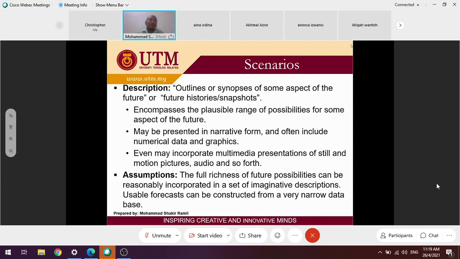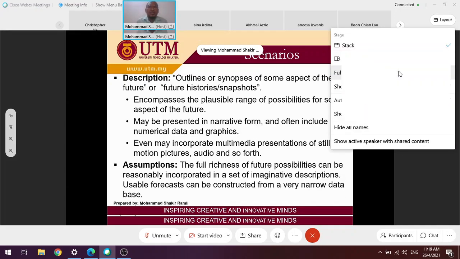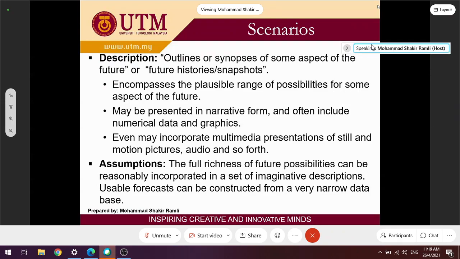Though normally we talk about history, the past one, in scenario we depict the picture, we illustrate the future history on the timeline of the future, not the past history, or maybe one snapshot at one time in the future.